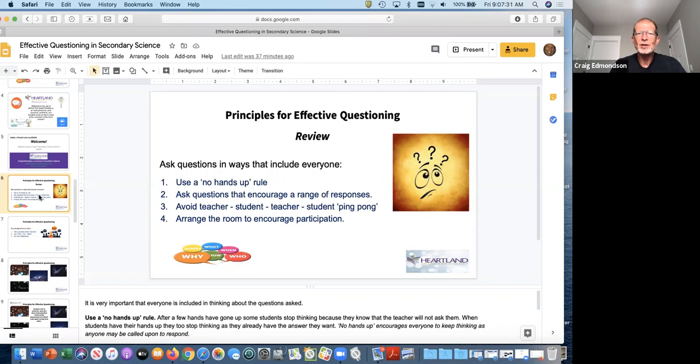And I touched on arranging the room to encourage participation, avoiding rows, maybe setting up the room in stations or a U-shaped pattern, maybe even a box pattern where you're free to roam throughout the room, listening to questions that are going on without interrupting the students' conversations unless it's necessary. So it's very important that everyone is included in the conversation and that we are engaging them in that process.